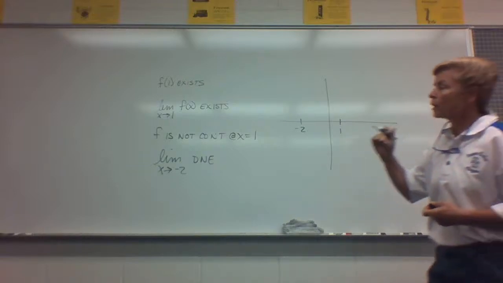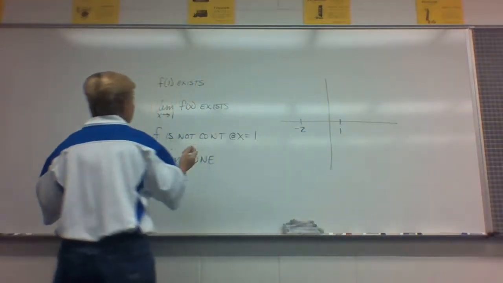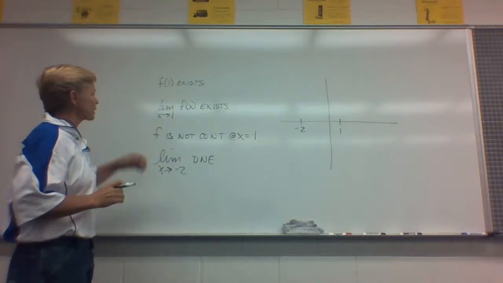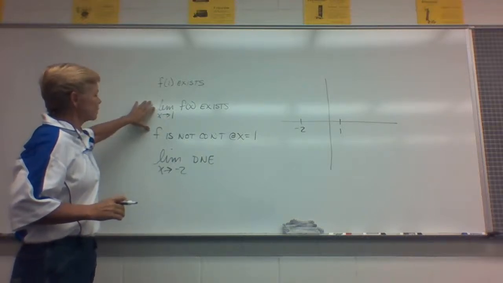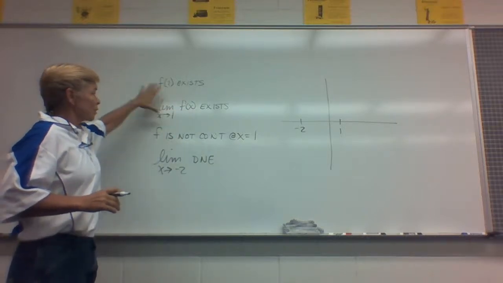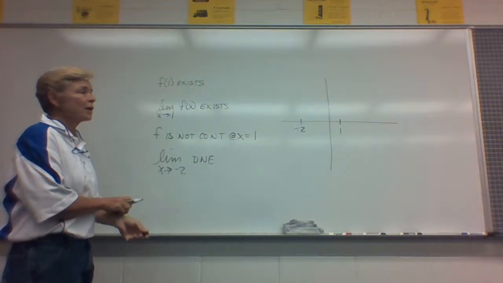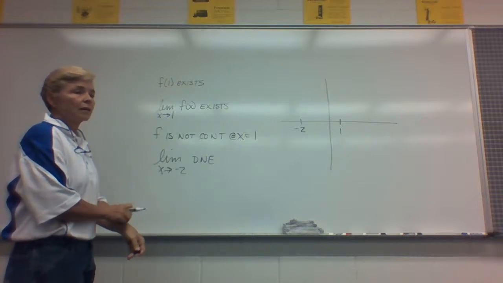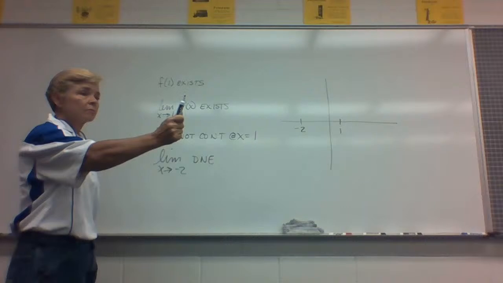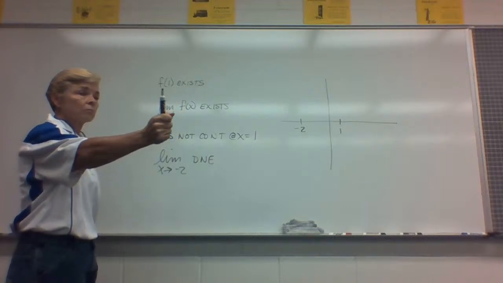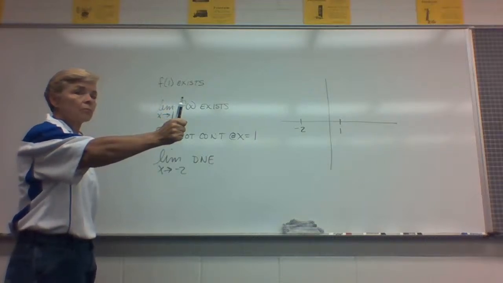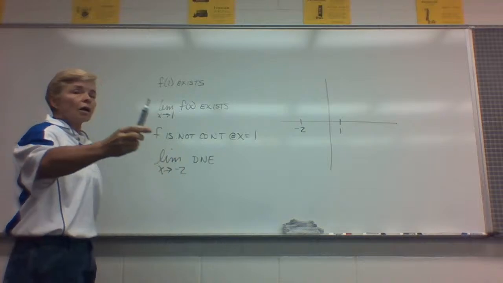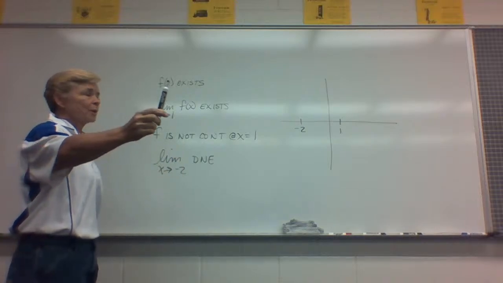How are we going to draw this? Do you understand that we're going to have to consider at least 2 of these at a time because they're all happening at 1? Maybe all 3 at once? Can you give me some idea of what's going to happen at 1? Would you like to come up and draw it? Anybody want to come up and draw it? All I want to know is what's going to happen at 1.